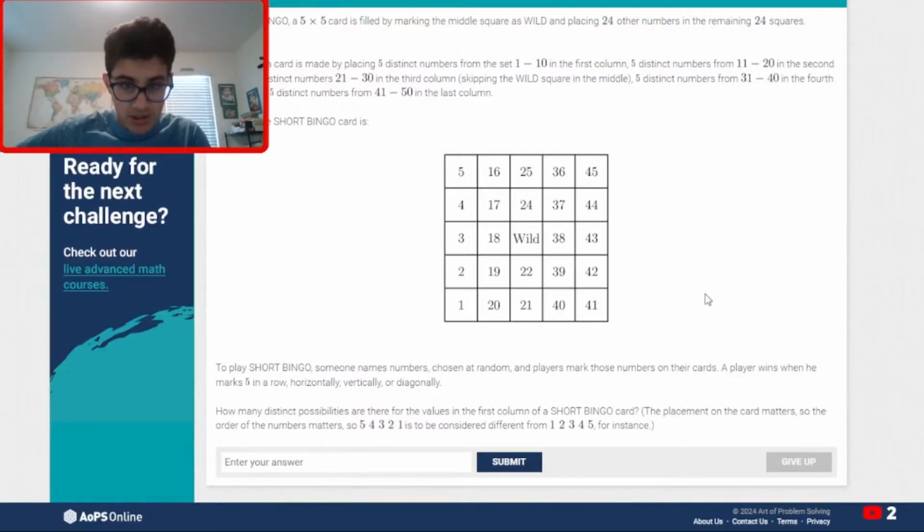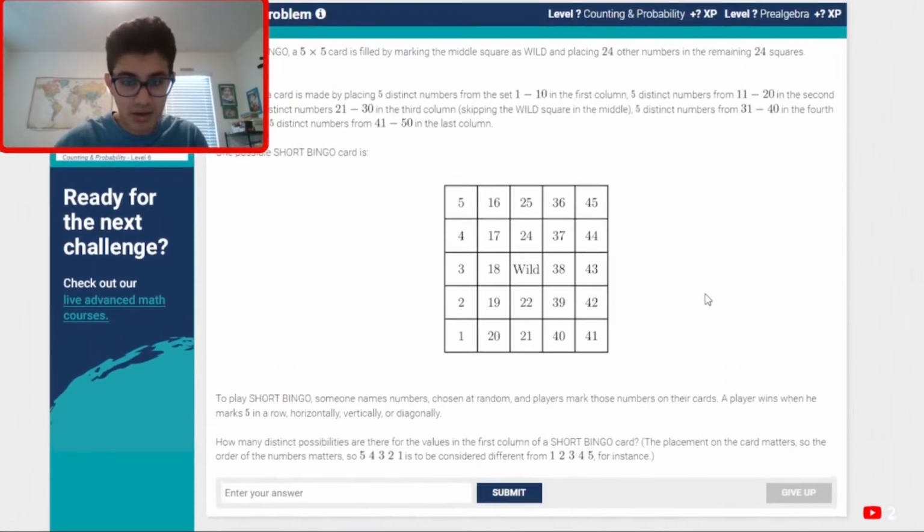How many distinct possibilities are there for the values in the first column of a short bingo card? Okay, so we have to choose any 5 of them, right? I don't think this is complementary counting. In fact, isn't this just a permutation?